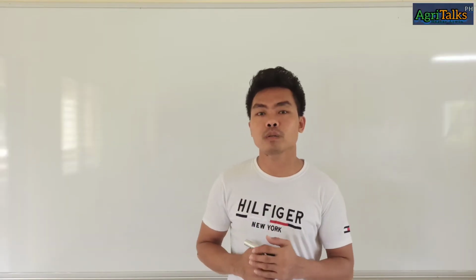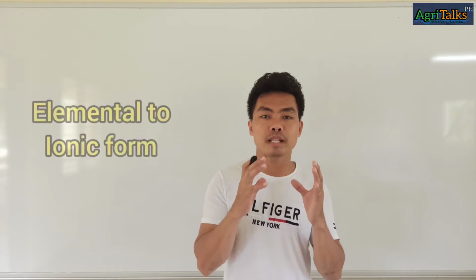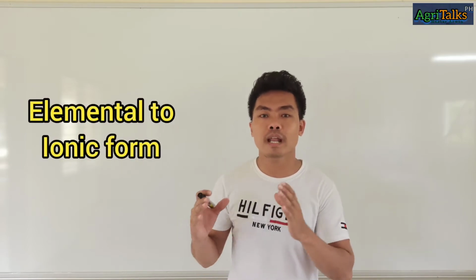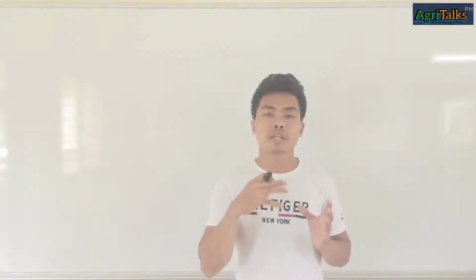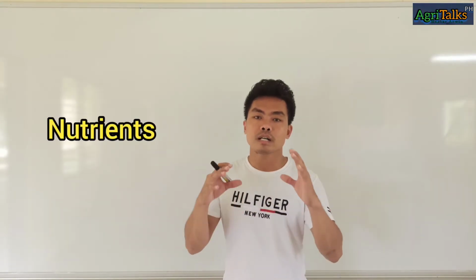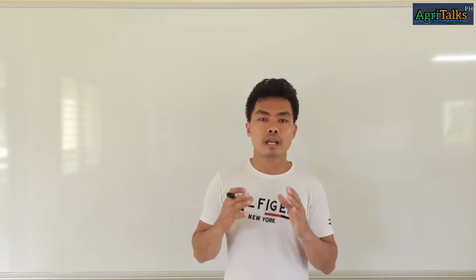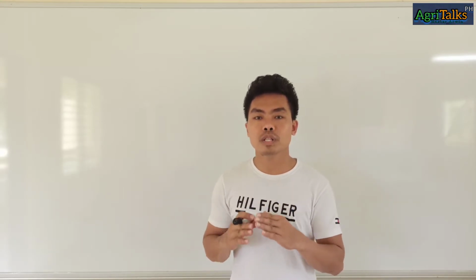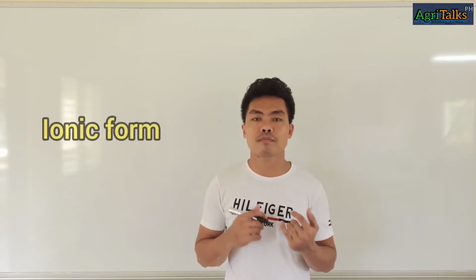Now, we will proceed with our next topic, which is the conversion of elemental form into an ionic form. So, what's the importance of this? The nutrients that are absorbed and needed by our plants, and also the nutrients that are present in our fertilizers are in ionic form.